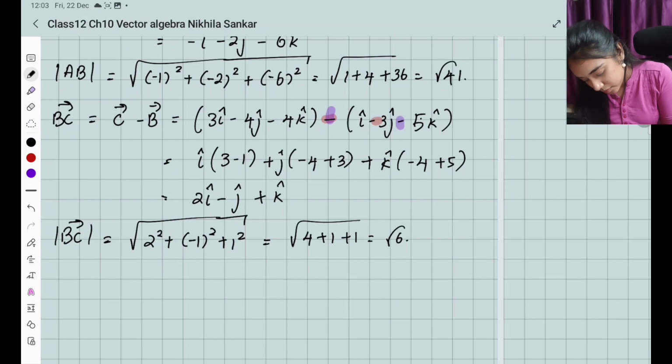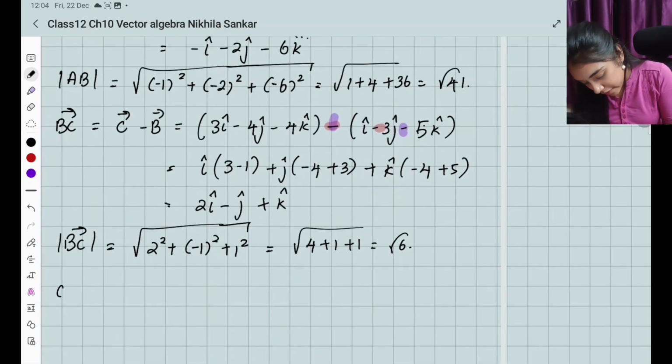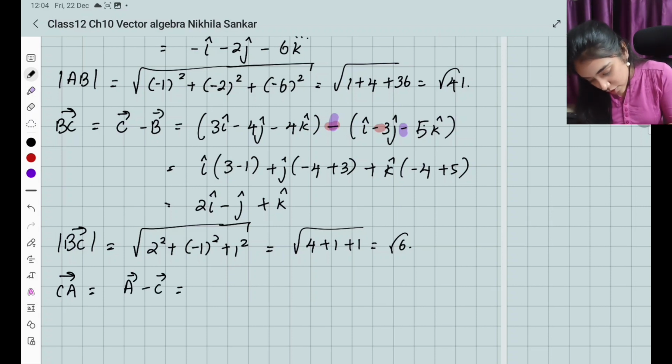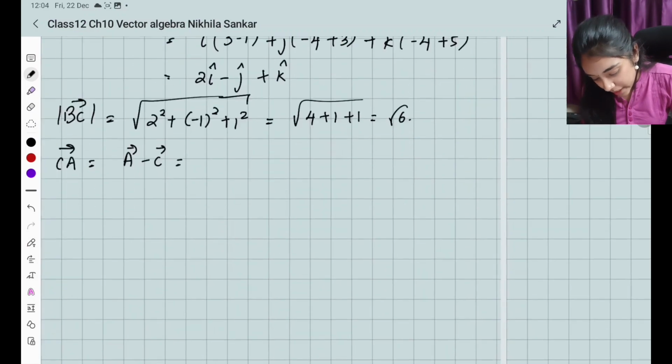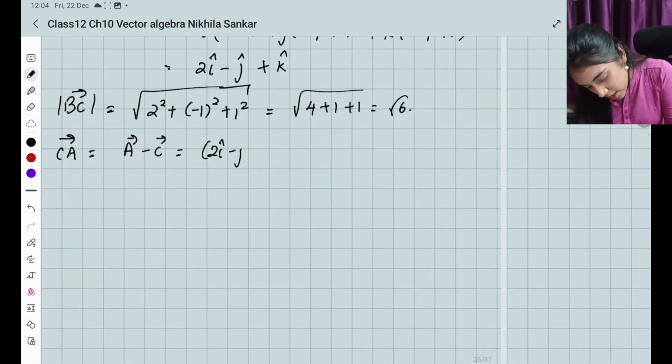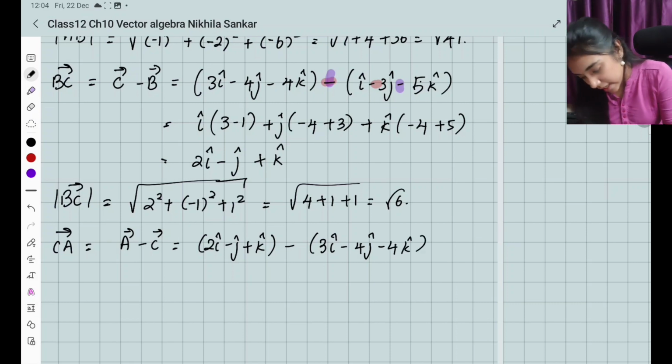Now we can do CA next. So the magnitude of CA. When I find the CA vector, it is going to be A minus C, where the A vector is 2i minus j plus k. So 2i minus j plus k minus C, which we just wrote here: 3i minus 4j minus 4k cap. This is C. I copied it.